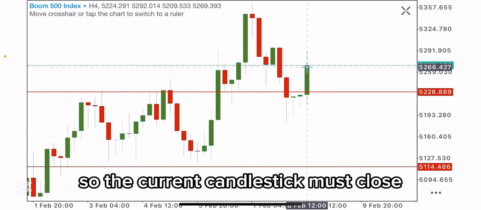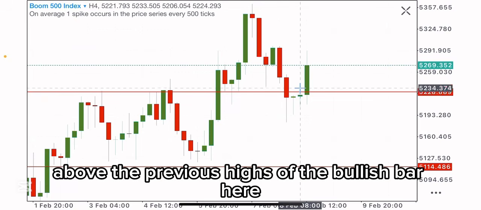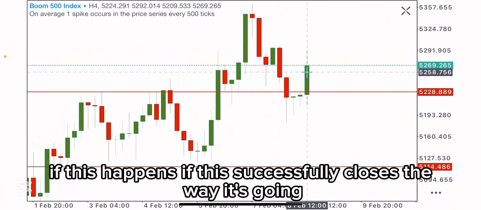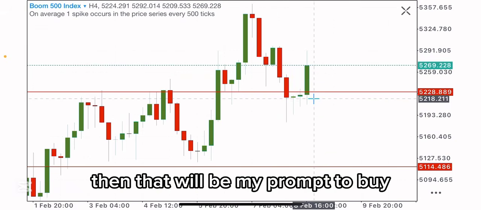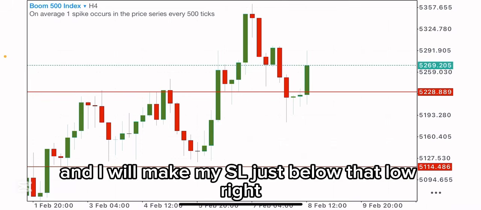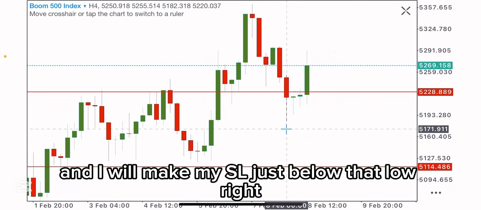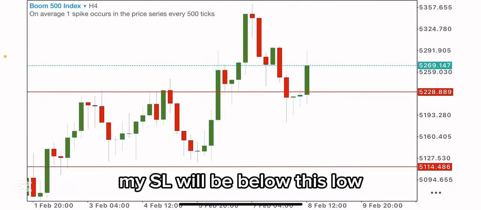So the current candlestick must close above the previous highs of the bullish bar here. If this successfully closes the way it's going, then that will be my prompt to buy, and I will make my SL just below that low, right? My SL will be below this low.